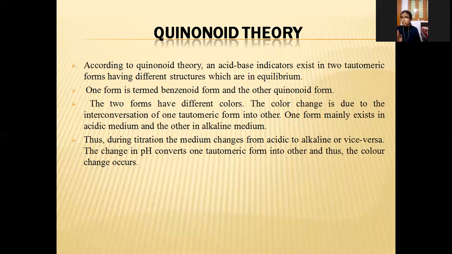In the quinonoid form, only a little bit of the structure changes, not completely. Based on this change, we get the different forms. For example, if the starting solution is acidic, it may convert to alkaline, meaning basic. Or if the starting solution is basic, it may convert into the acidic form. And the color also changes.